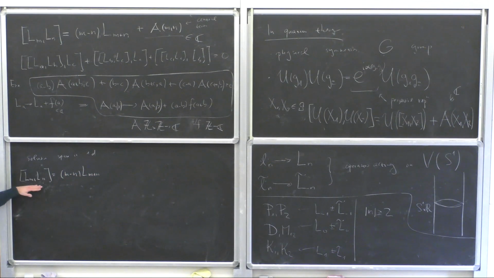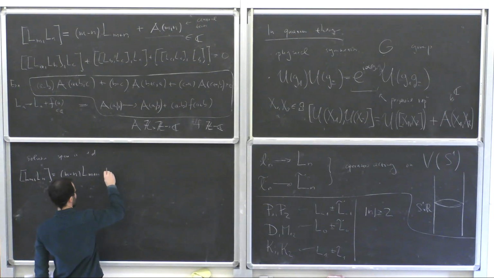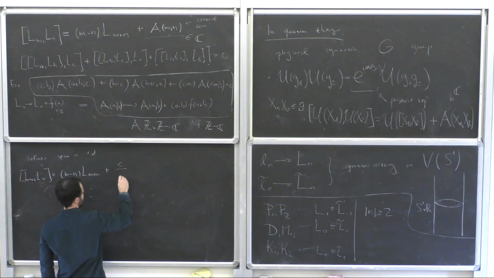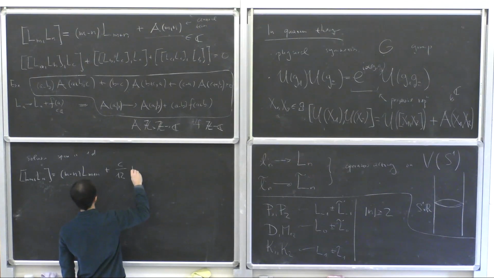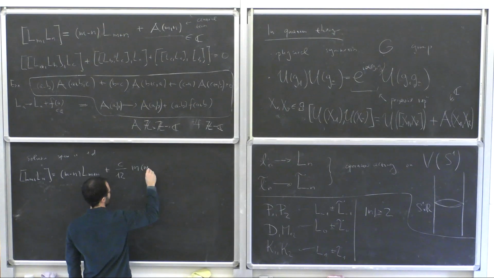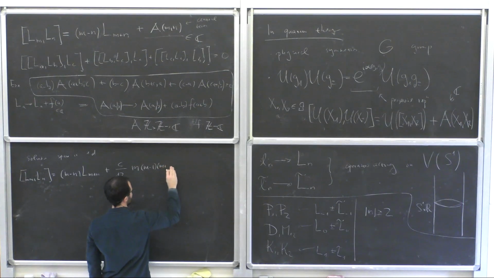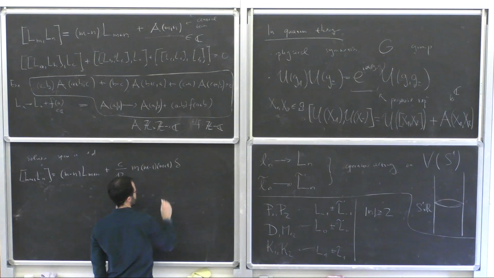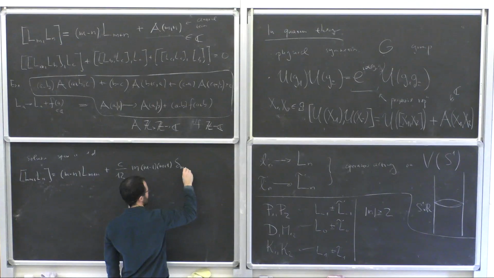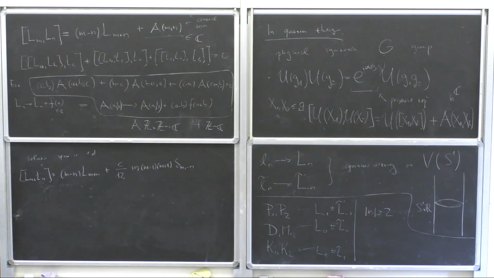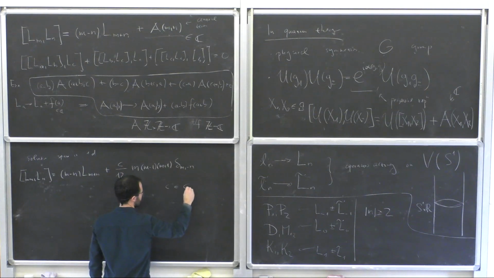The non-central part stays the same, and then the central part looks as follows: c over 12 times (m minus 1) m (m plus 1) and the Kronecker delta of m plus n, 0. And c is, for now, an arbitrary complex number.